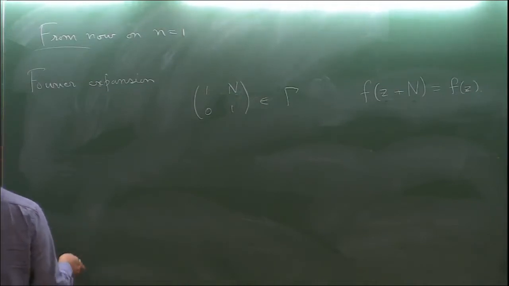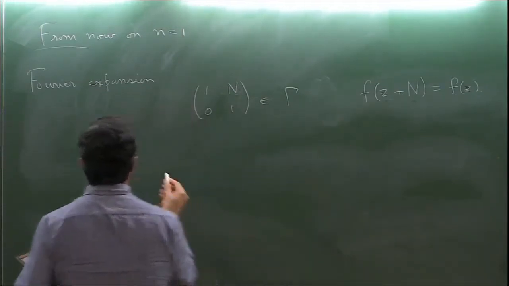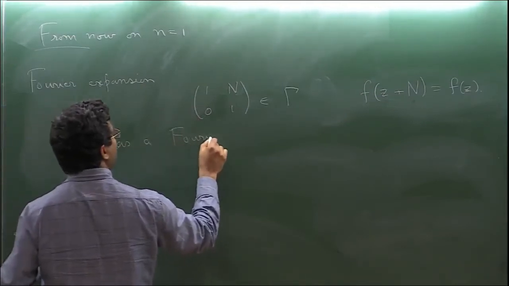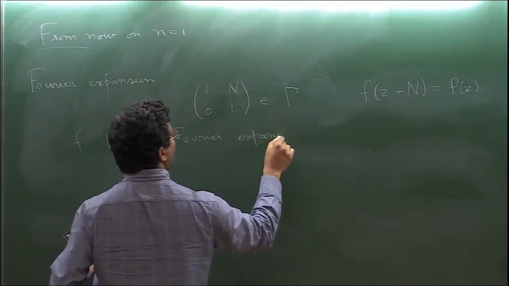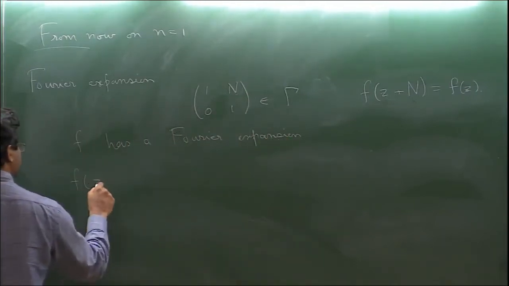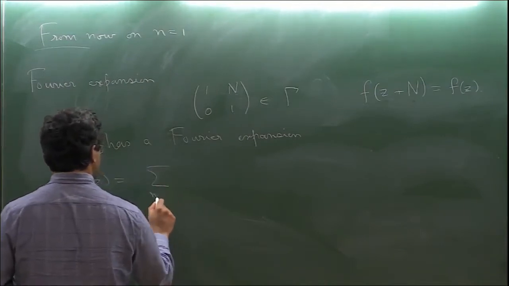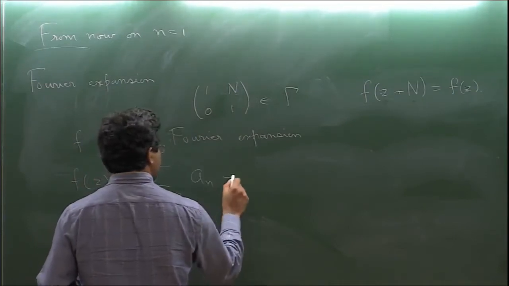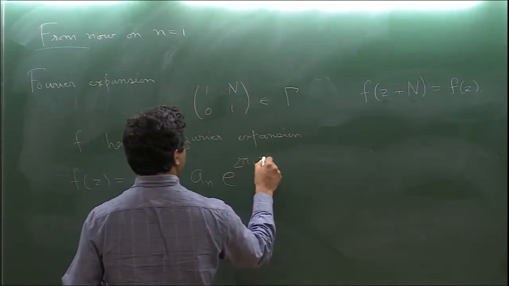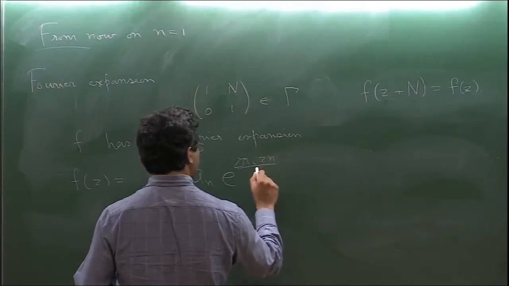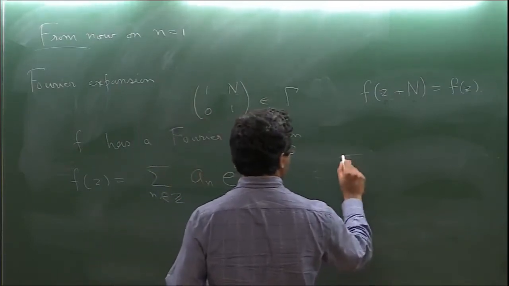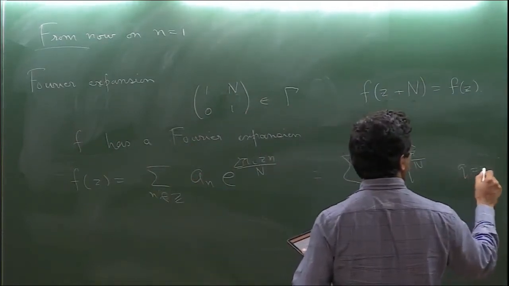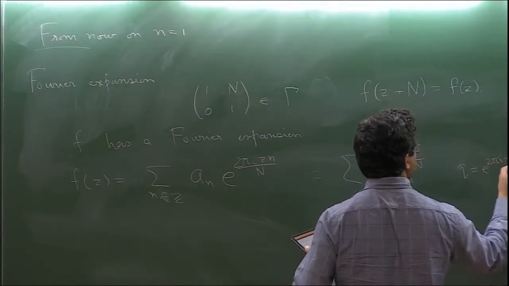Okay, so then f has a Fourier expansion. f of z is the sum over n in Z of a n times e to the 2 pi i z n by capital N, which I'll also write as a n q to the n by N, where q is e to the 2 pi i z.